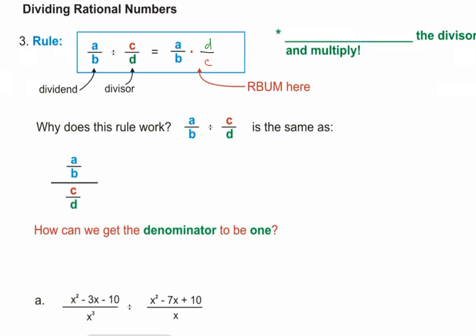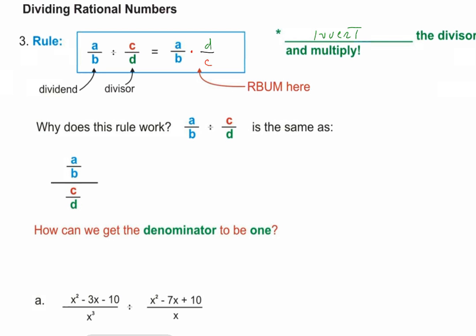Once you're at the multiplication step, reduce before you multiply. So again, what is division? Invert the divisor and multiply. The divisor is the whole second fraction. The dividend is the first.